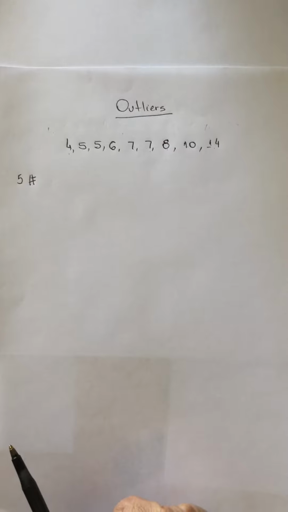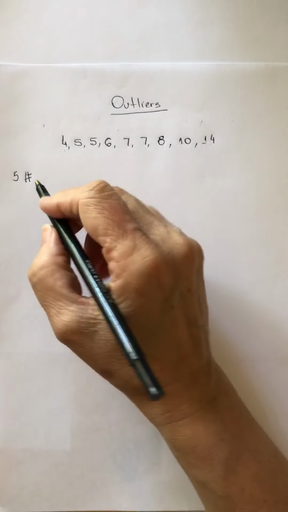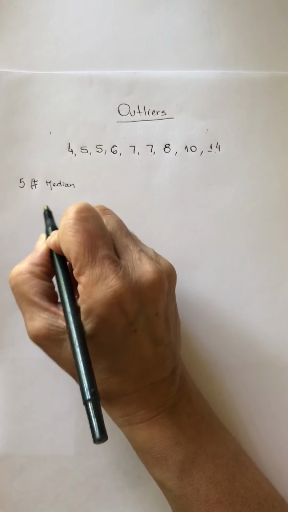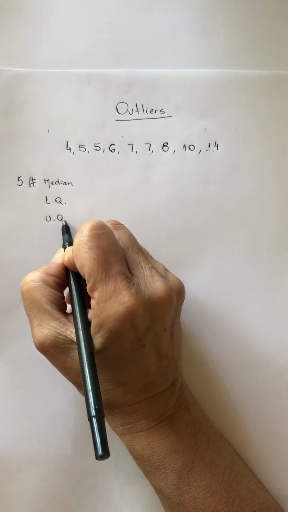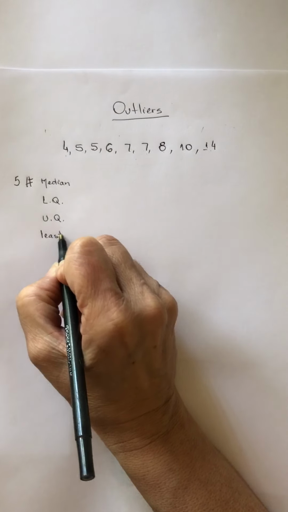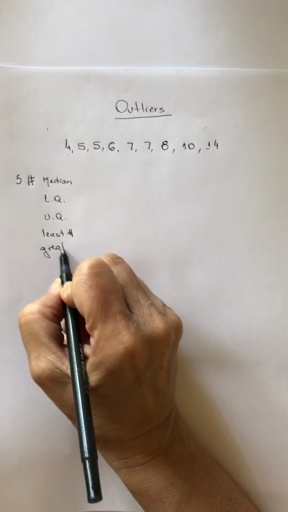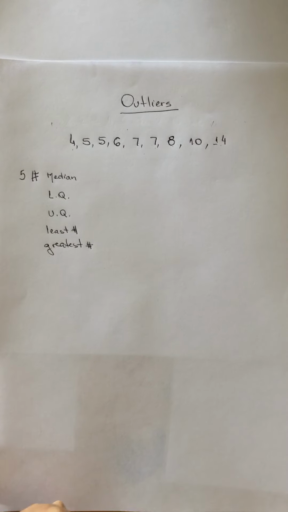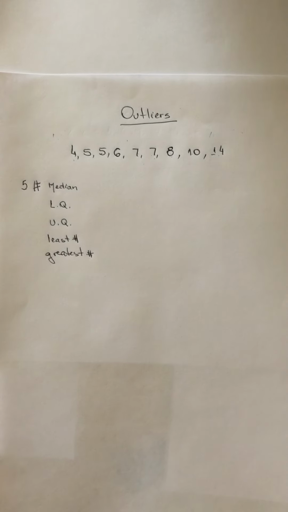They are the median of our information, the lower quartile, the upper quartile, and then we need the least number and also the greatest number. These are all the information that we're going to need in order to work the outliers.